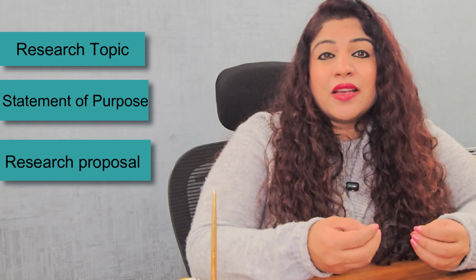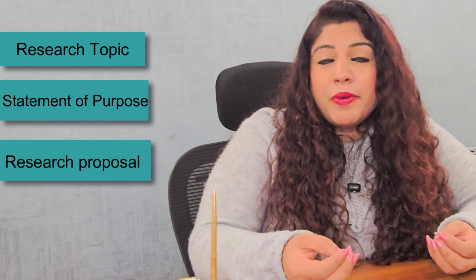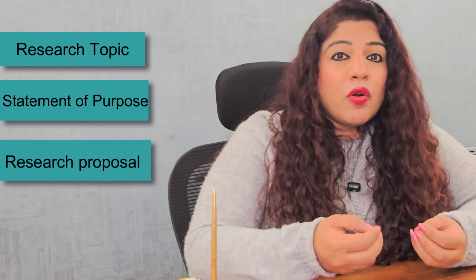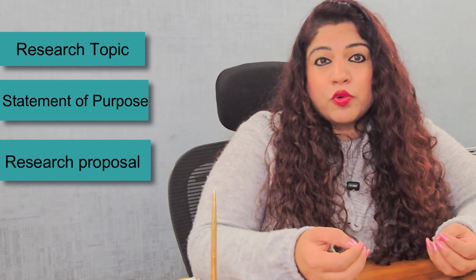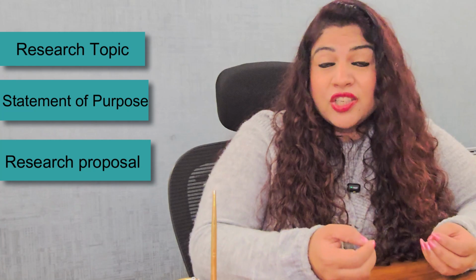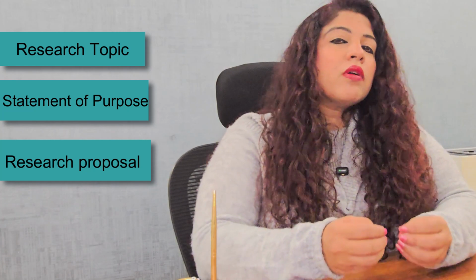PhD shortlisting at IITs happens largely based on these documents. Without a strong SOP and proposal, your application will not even reach the interview stage. So give yourself at least a few months to patiently refine your research idea and documents. When your applications finally open, you should be ready and not rushing.